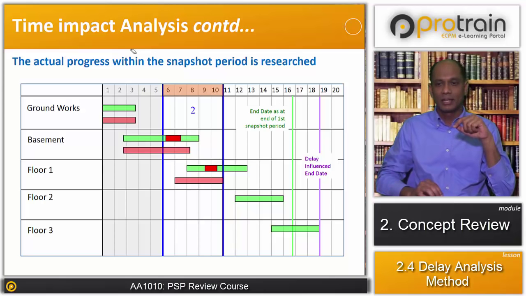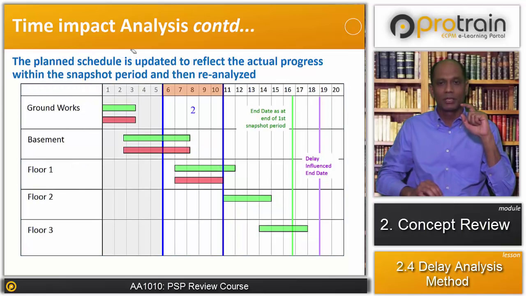So this can be done for the third snapshot and so on. So the end date is based on the actual progress, and the delta between the snapshot periods will determine what was the actual delay that happened due to the insertion of the fragment.